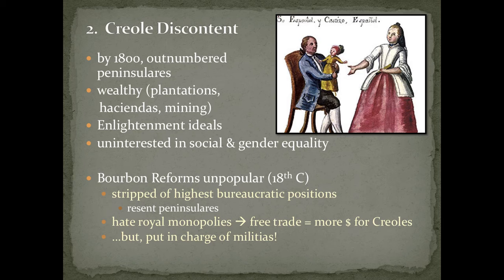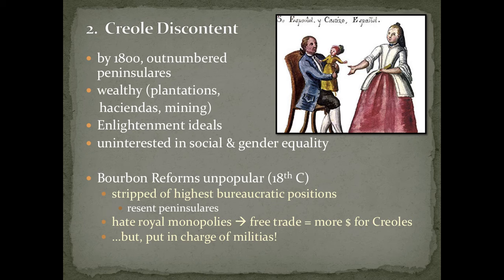So here's what happens. By the late 1700s, right before these revolutions hit Latin America, Creoles are kicked out of the highest bureaucratic positions. But Peninsulars are going to maintain their positions as people like viceroys and really high-ranking bureaucrats. So there's increased resentment toward the Peninsulars.